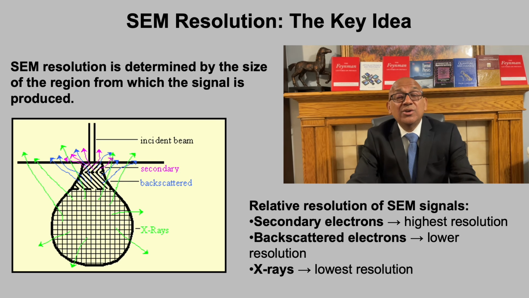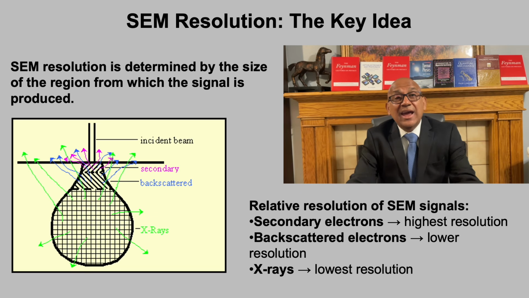Backscattered electrons originate from deeper within the specimen. Their larger generation volume leads to lower spatial resolution, but they provide a strong compositional contrast. X-rays are generated over the largest interaction volume.